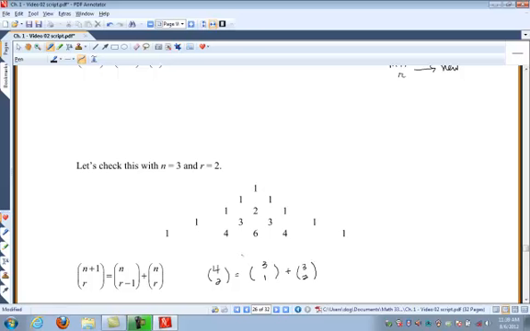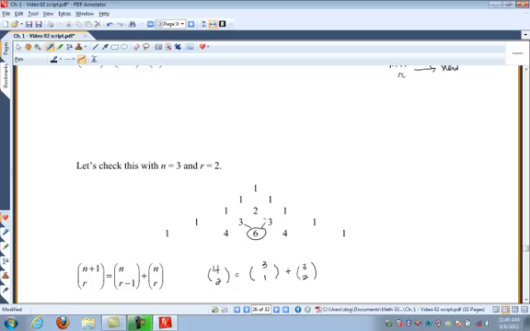So let's see. 0, 1, 2. The 6 right here in row 4, this is 0, 1, and 2. Remember how we count. This is 4 choose 0, 4 choose 1, 4 choose 2, right here, is from the third row, 0, 1, plus the 2. That's exactly right. That sets us up exactly right.